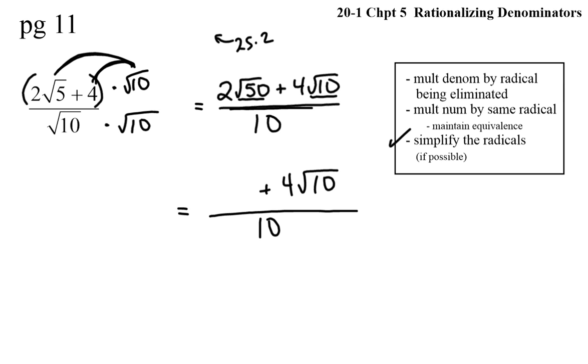So if we root out a 25, we'll be multiplying by a 5 with that coefficient. So we would have 2 times 5, and we would still have the radicand of 2 there. And at that point, 10 root 2 plus 4 root 10 over 10, now the second part of that simplifying is, can we reduce?